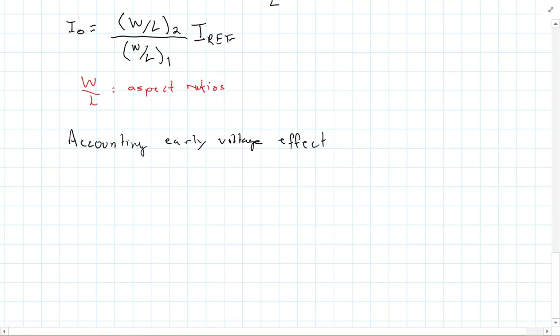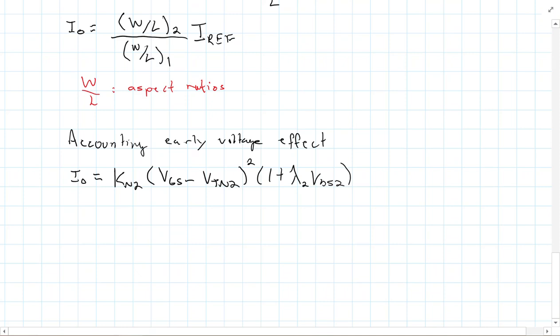now remember, we don't do VA typically for MOSFETs. We do a parameter called lambda. You can write I out as KN2 times (VGS minus VTN2) squared, because remember that's the same, times (1 plus lambda 2 VDS2).